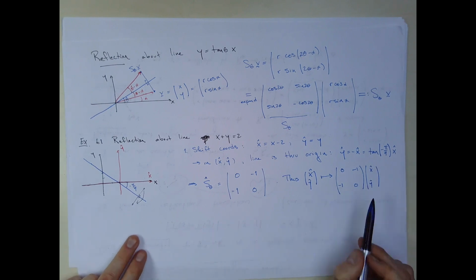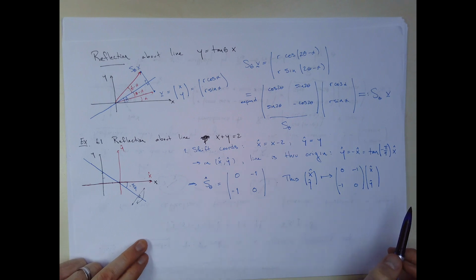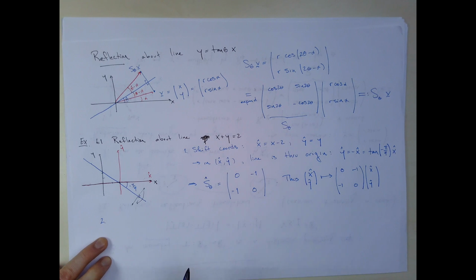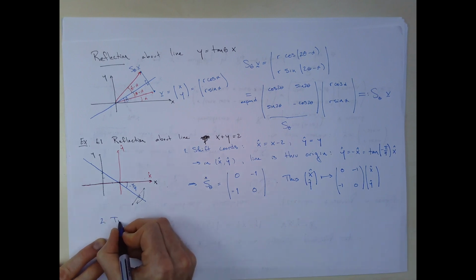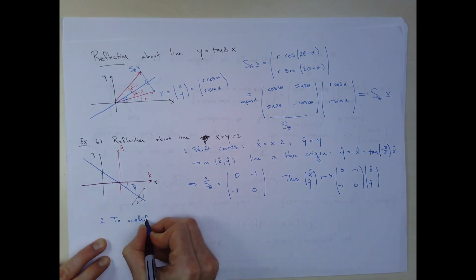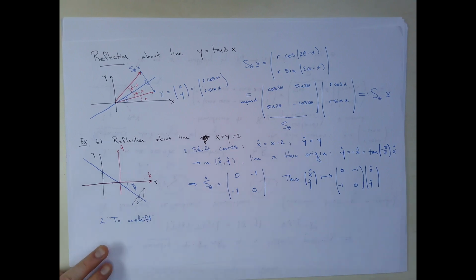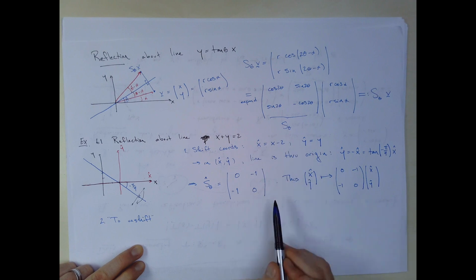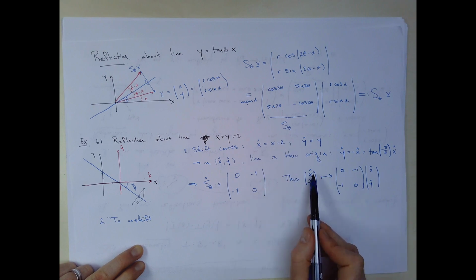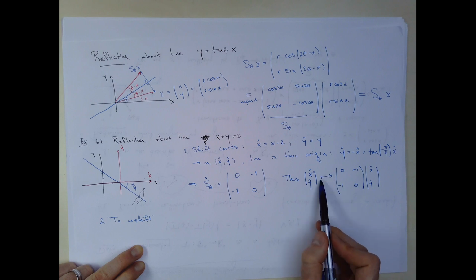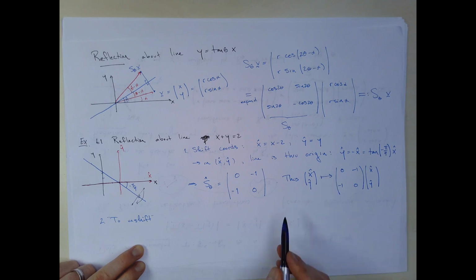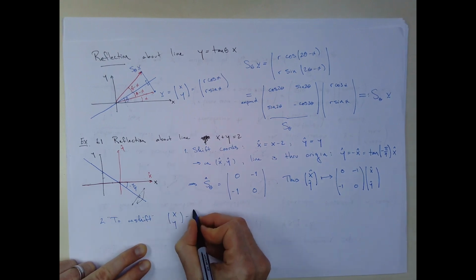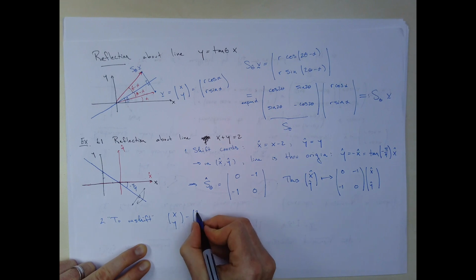That's true for any x hat, y hat. And to define the map in the original variables, to unshift, I need to go back to this definition here. So x hat, y hat is (x, y) minus (2, 0).